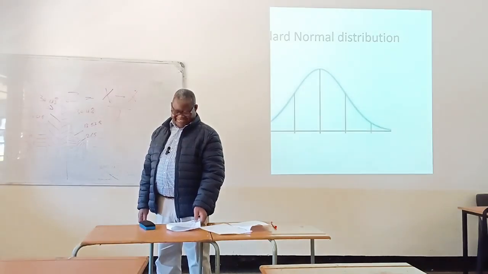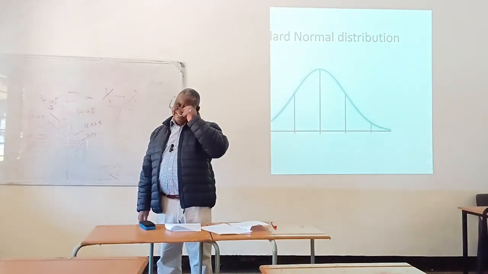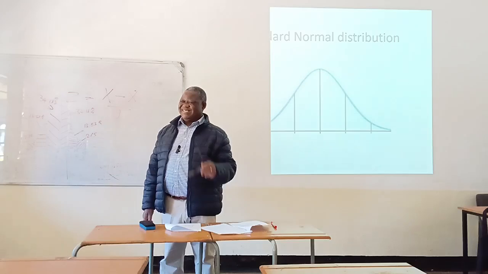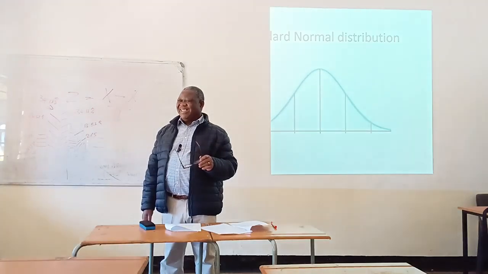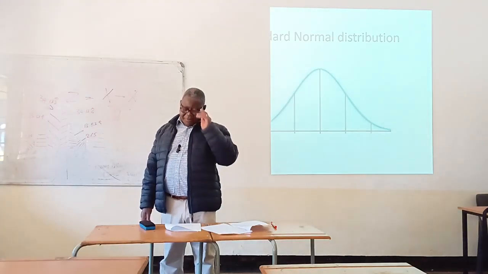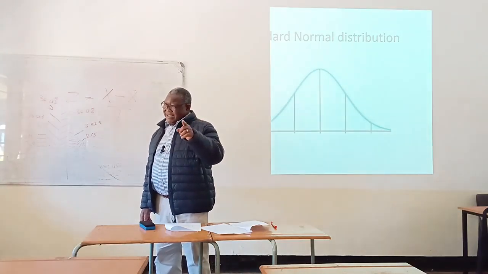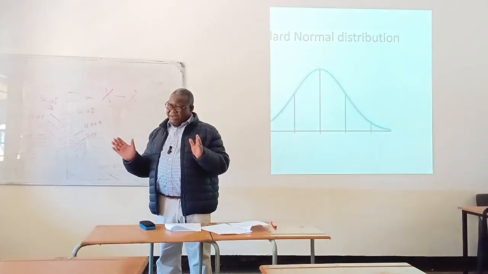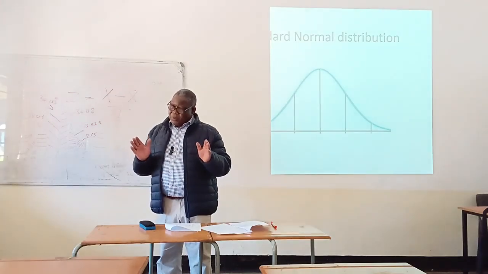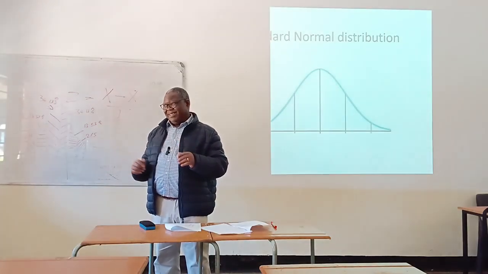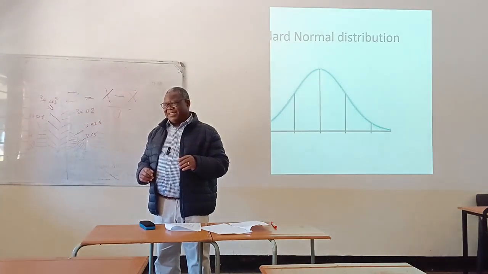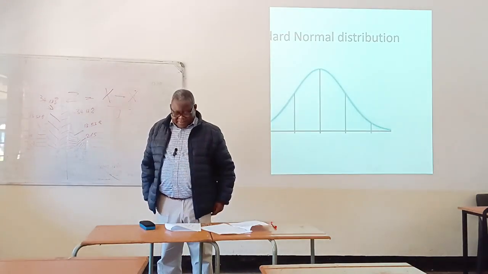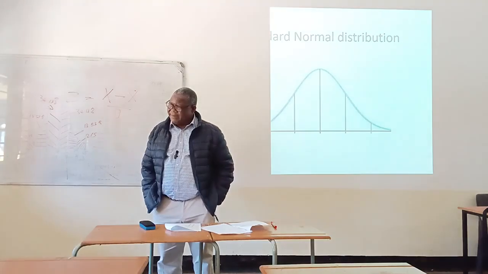Right? Under z-score 1.00, the area between the z-score and the mean has 0.3413.